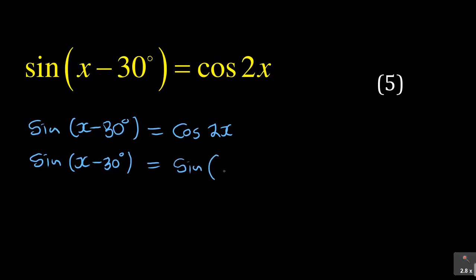Now, just to make an example here, if I have cos 30 and I want to convert it to sine using cofunctions, it will be sin(90 − 30). We can test with the calculator, you'll see what I'm talking about.